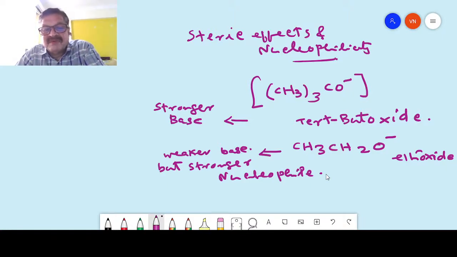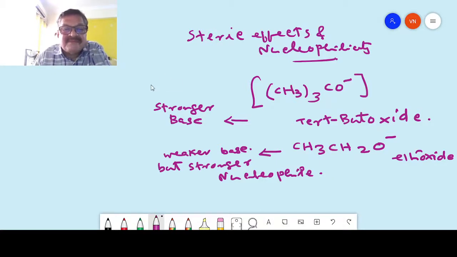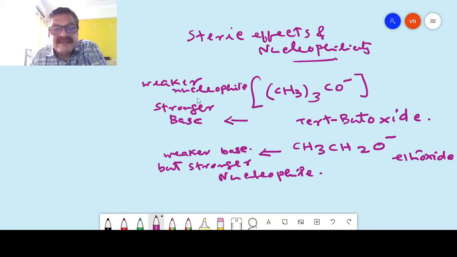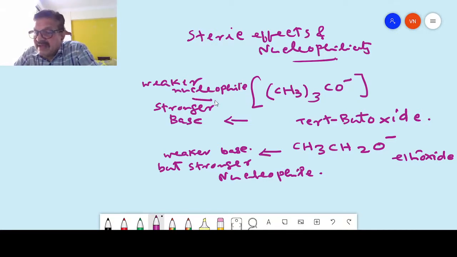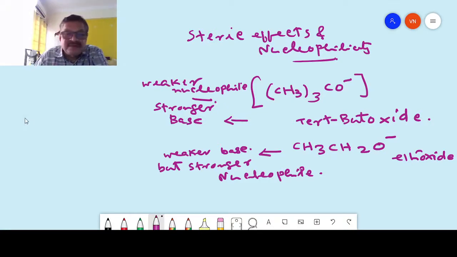Tertiary butoxide is a stronger base but a weaker nucleophile. This is the difference, because of steric factors. Now in the case of tertiary butoxide, how will you write it here? There is a methyl group here.